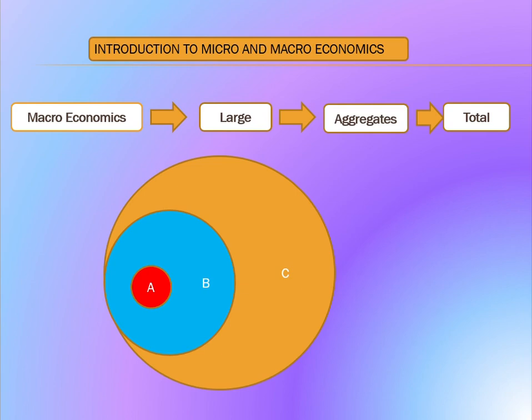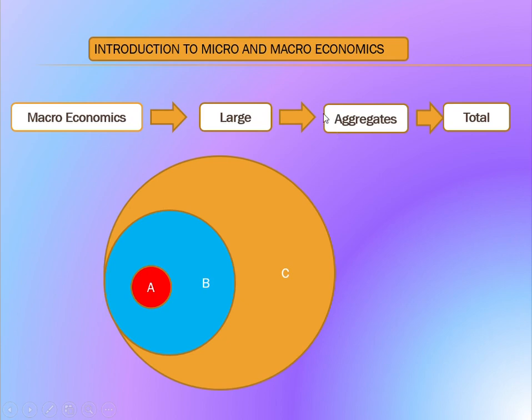The term macroeconomics has a different meaning. It is totally different from microeconomics. The term macro comes from the Greek word makros, which means large. When your study area is large, it is considered macro.